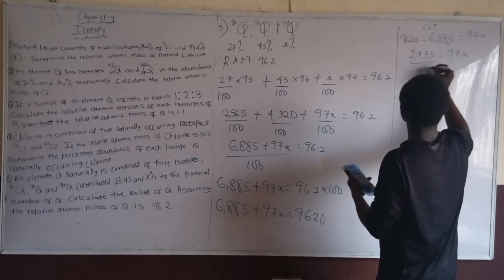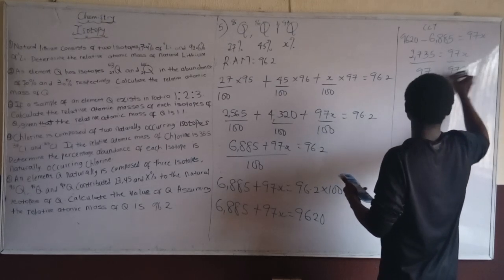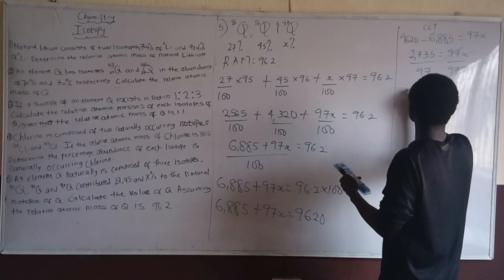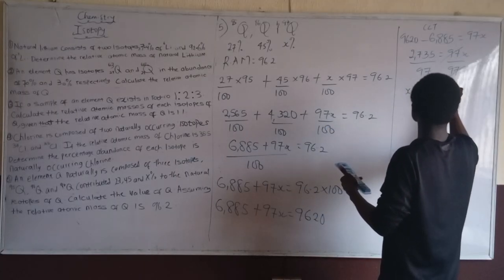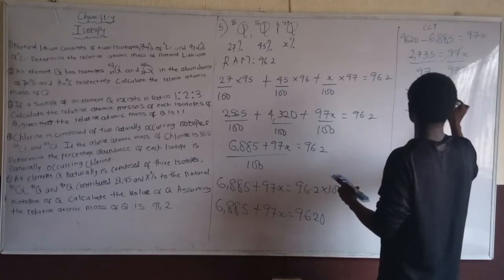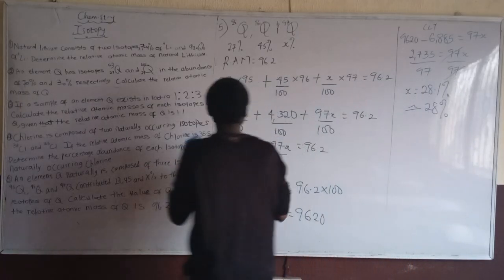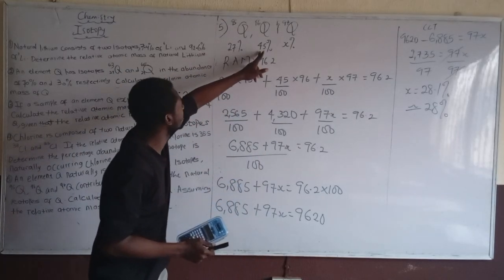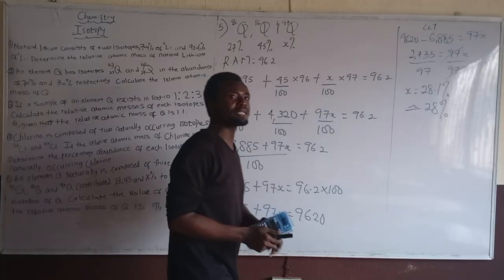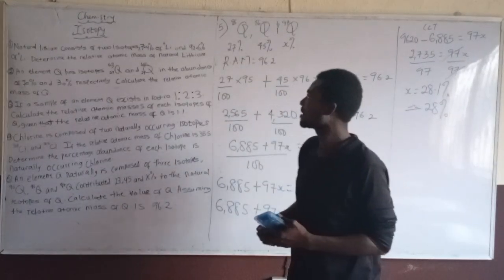So if I divide by 97, my x becomes 28.1%. So if I approximate to the nearest whole number, that is 28%. It's confirmed. Which means that when I add these two, subtract from 100, I will also get 28. So that is the end of today's class.